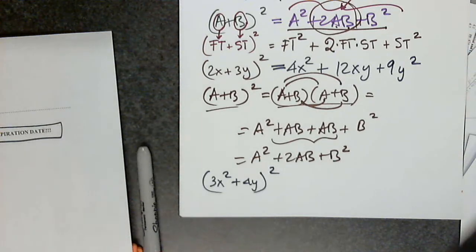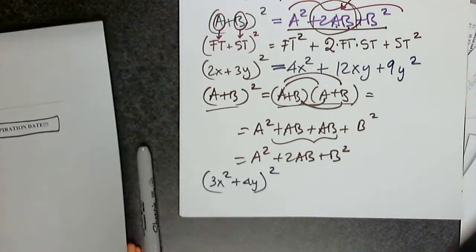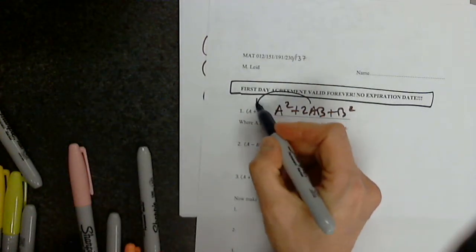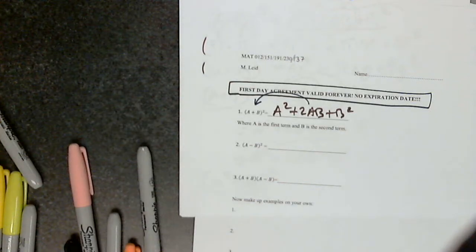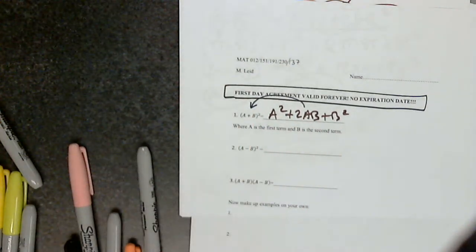But let's move away from FOILing because the problem is not with FOIL. Everyone can FOIL. The problem is going back and factoring. If I continue FOILing it, going back and factoring will be impossible. So I want to move away from that situation.